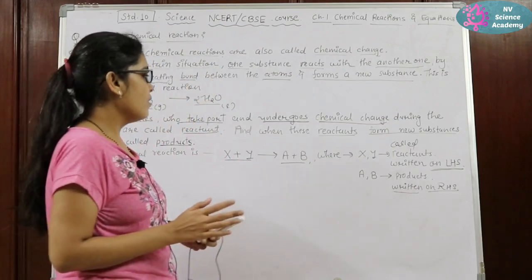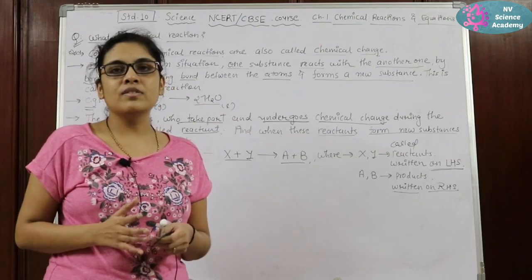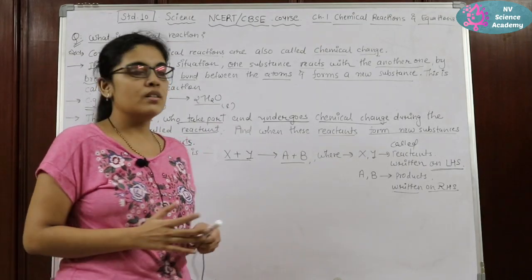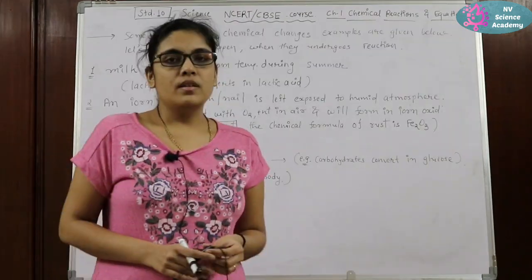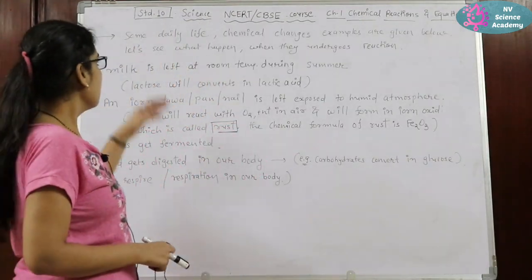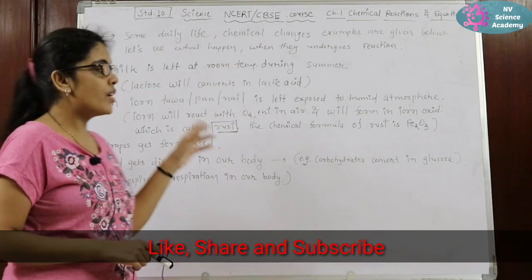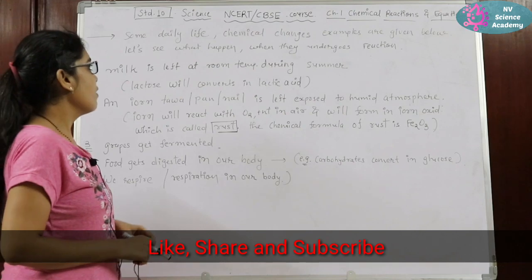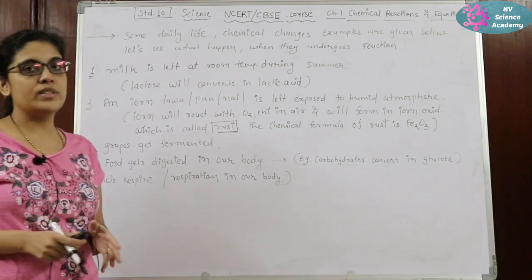Now we will go on to another topic, which covers chemical reactions in daily life. Friends, we will learn about some daily life chemical change examples which are given here. Let's have a look at what happens when they undergo chemical change or reaction.